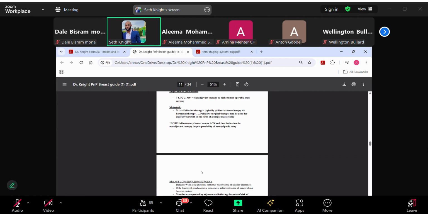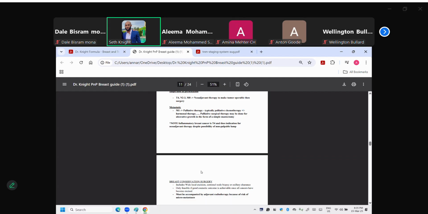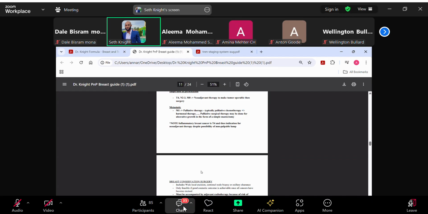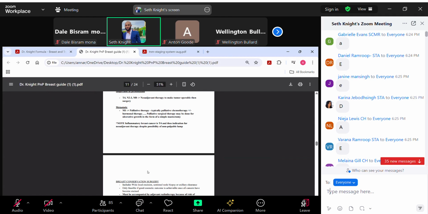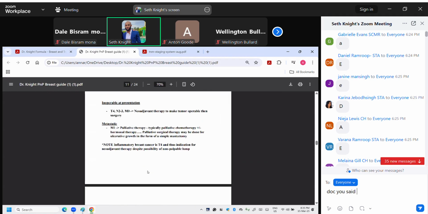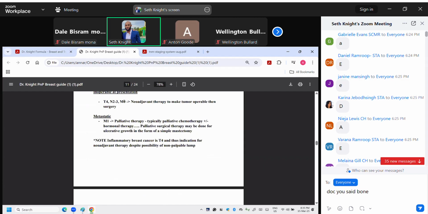Yes, so neoadjuvant is before, adjuvant is after. So neoadjuvant therapy is before surgery, adjuvant therapy is after or post surgery. So that's why we said for inoperable at presentation, that means the tumor is too big, you would give them neoadjuvant therapy.